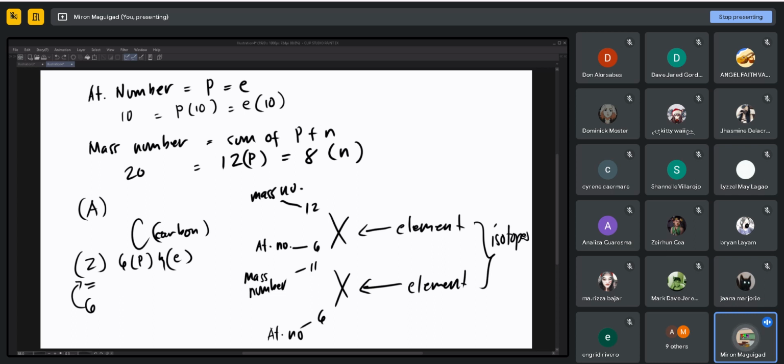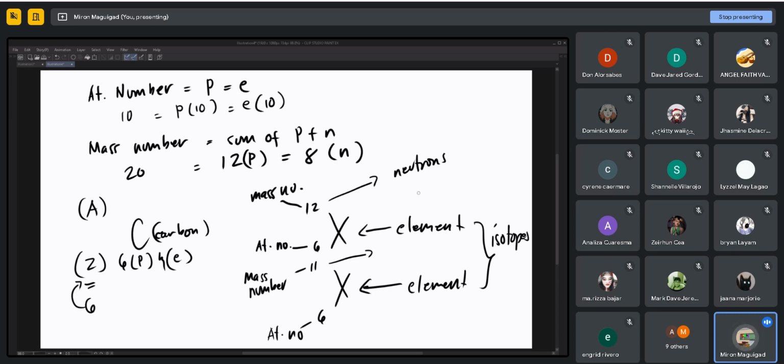Okay. An atom of a specific isotope is called a nuclide. So the isotopes of an element have different numbers of neutrons. So it means the atoms with different mass numbers, nagkakatalo sila sa bilang ng neutrons.